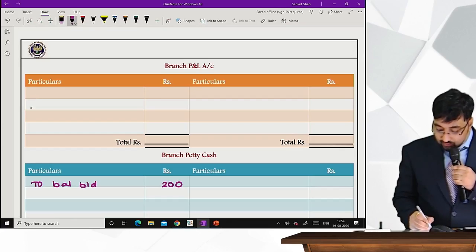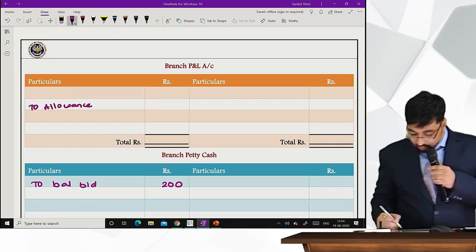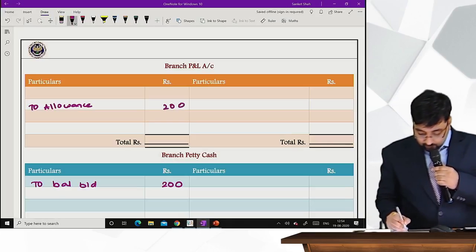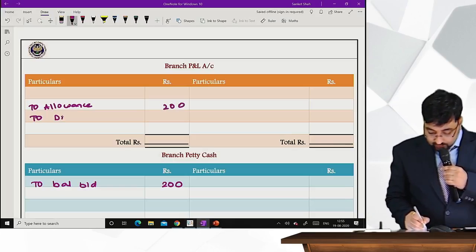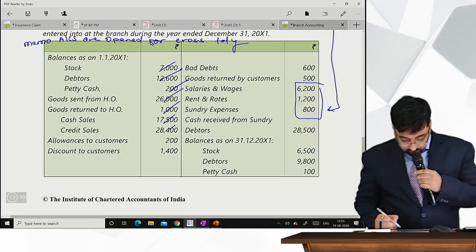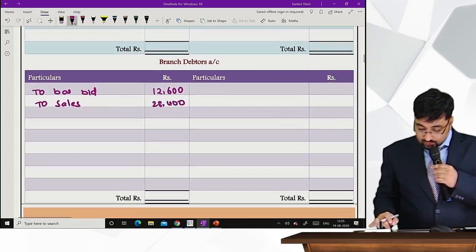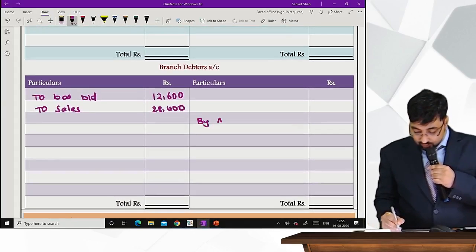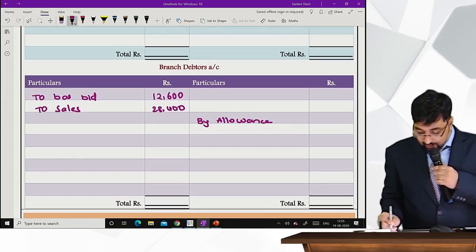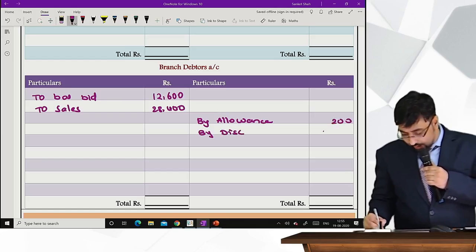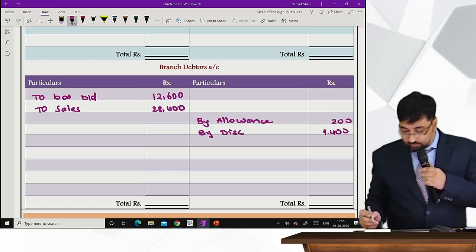So we'll write it in the P&L account, to allowance. Yes, what is the amount of allowance? 200. And to discount is again 1,400. Second effect, we will give it in debtors account because your debtors will get reduced. On third line, you have to write by allowance and by discount, 200 and 1,400.